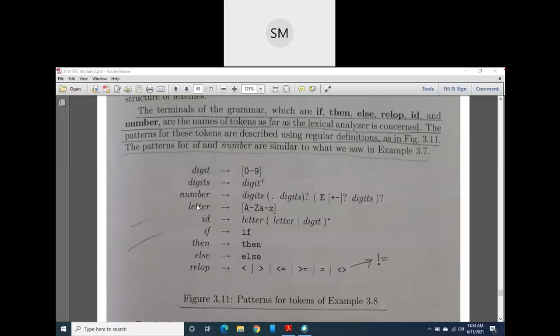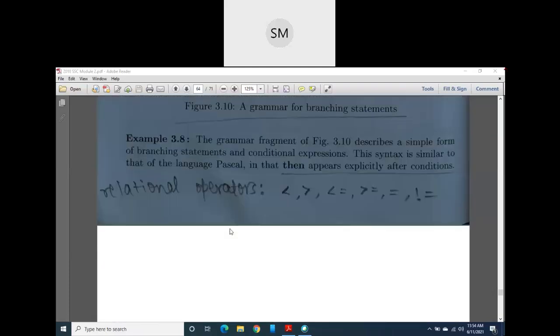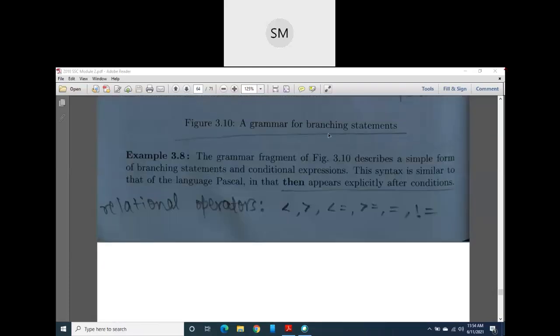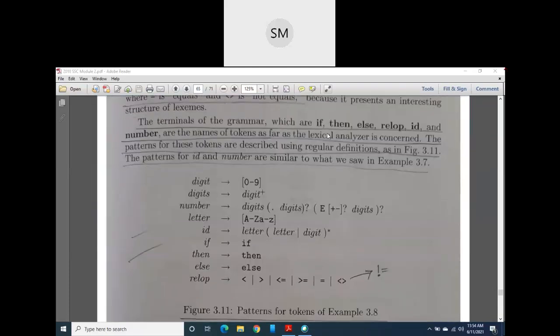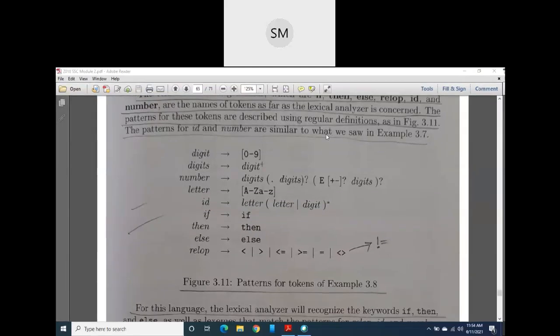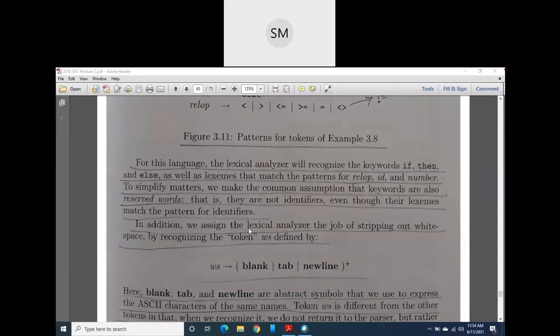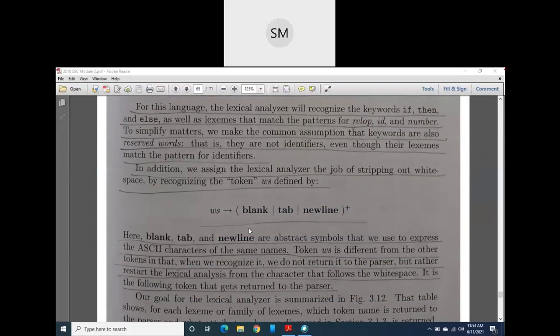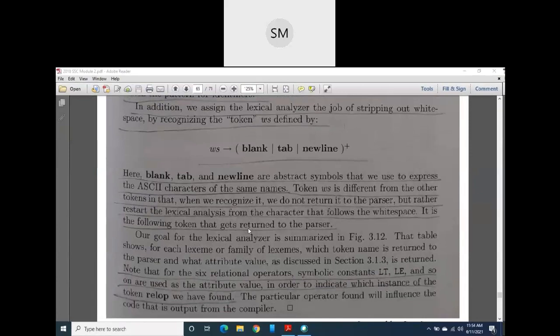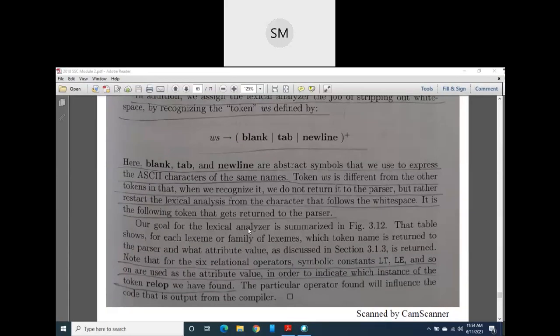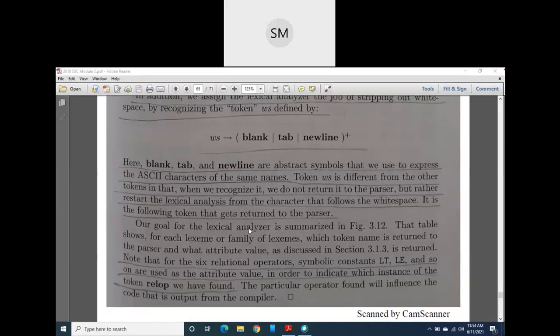So previously I had written the grammar for branching statements, if and if else statement. So now what am I writing? I am writing the patterns for tokens. Then we should write one more pattern for white space, because frequently in our C programming language we use a space in between data type and variable, right?